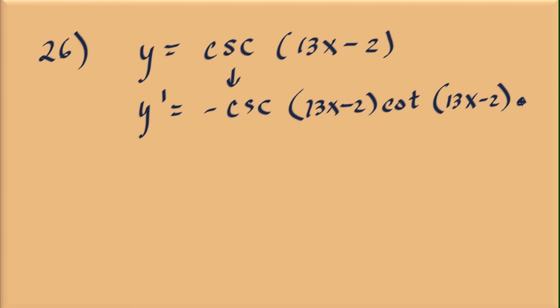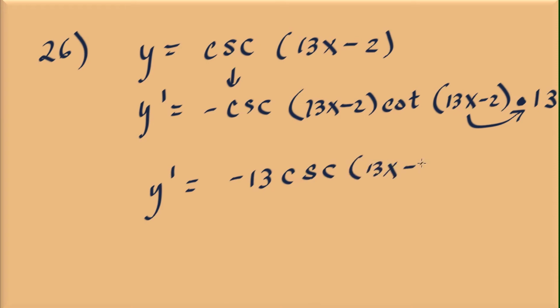But make sure you multiply by the derivative of this 13x minus 2, which is 13. So y prime is negative 13. Just going to put that negative right out front. So negative 13 cosecant 13x minus 2 cotangent 13x minus 2.